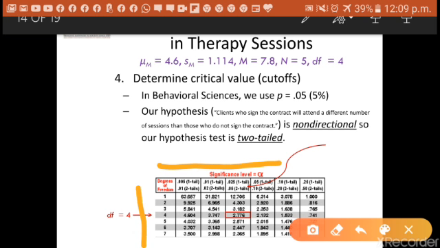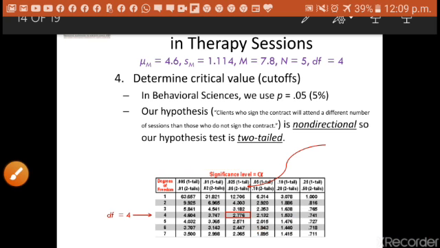So degrees of freedom out here is 4, and then you will reach this red line area where alpha is 0.05. So your cutoff value over here is coming to 2.778.